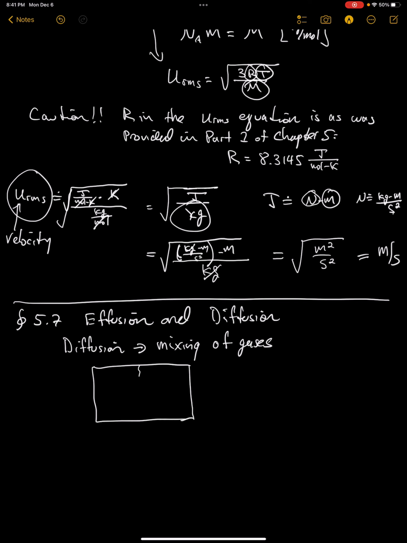And suppose there is a razor thin membrane that separates the tank in half. And on one side of the tank, one side of the membrane, we have oxygen molecules. And on the other side of the tank, we have nitrogen molecules. And then the membrane disappears.